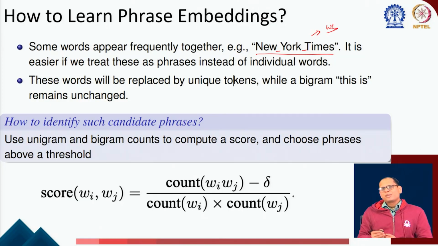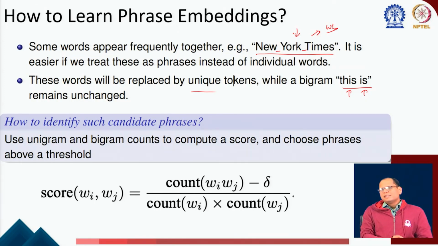But the big question is, how do we know which of these multi-word phrases I have to treat as individual tokens? Some will be replaced by unique tokens, and a bigram like this will remain as it is. I will still learn representations for those words separately, while I will have a single representation for the phrase. So the question is, how do you identify such candidate words?